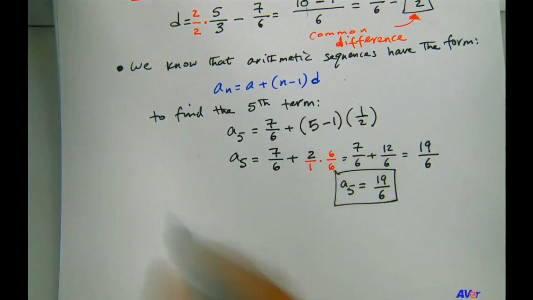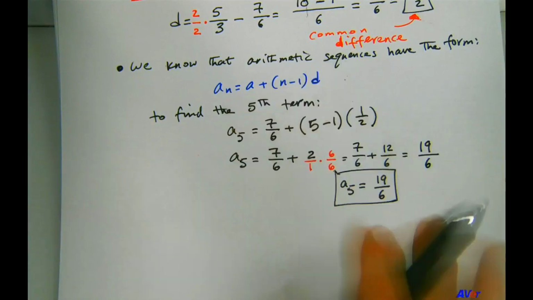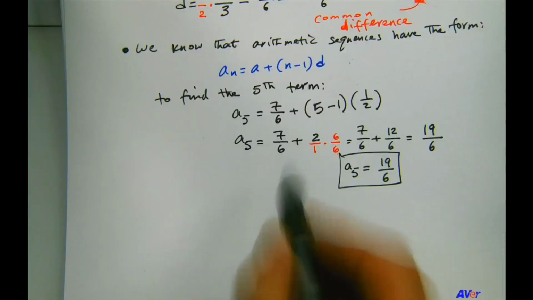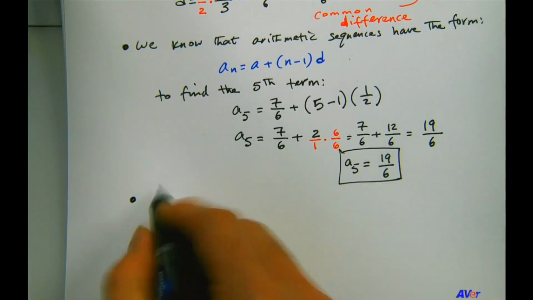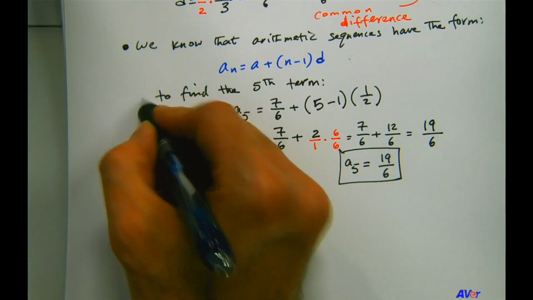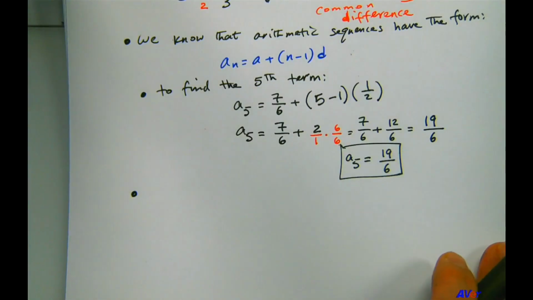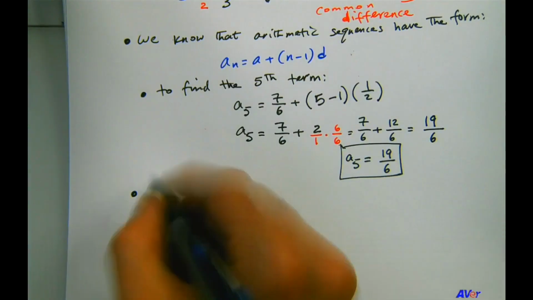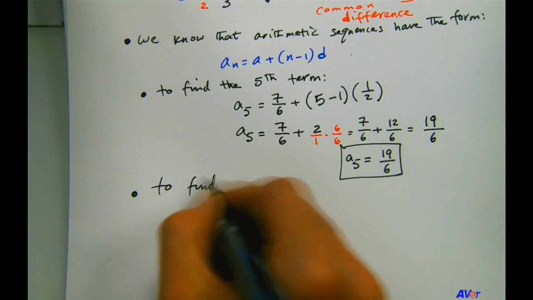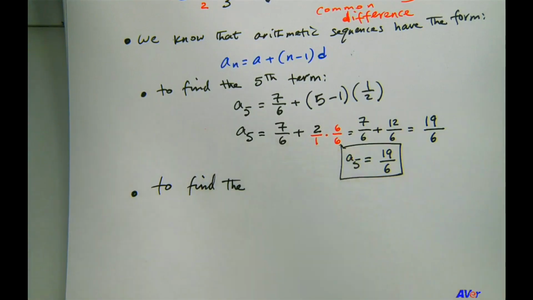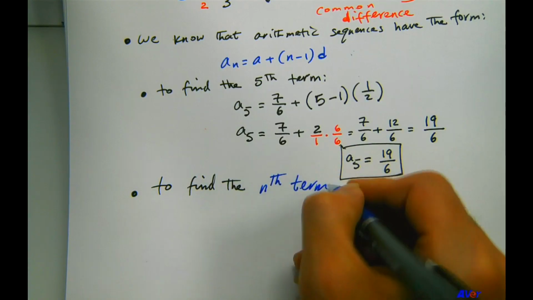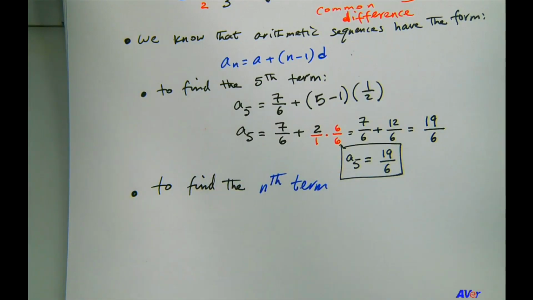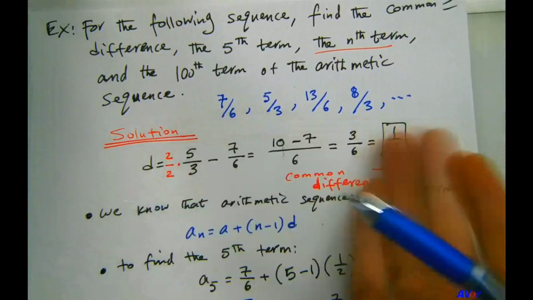Okay, the other thing they're asking us to do here is find the nth term. So that was the 5th term. Now to find the nth term, they basically want us to find the formula for this sequence, because we have the digits given to us, but we don't have the formula for it.